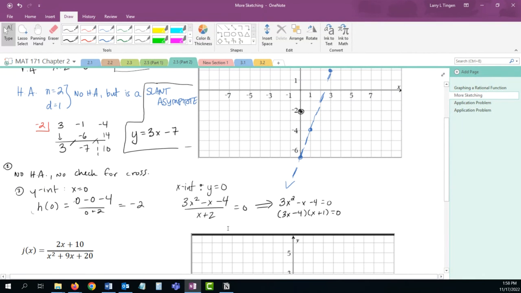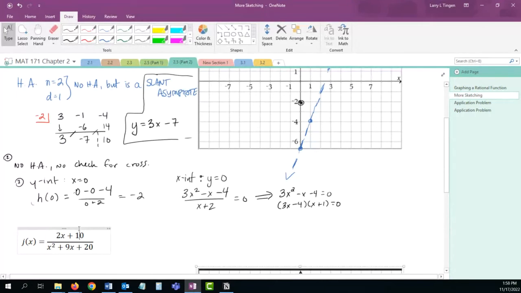Solve. Move your graph. Because I know if I know one thing, I know I didn't leave you enough space to do all this writing. 2 things multiply to give me 0, which means one of them is 0. So 3x minus 4 is 0. 3x is 4. X is 4/3. X plus 1 is 0.